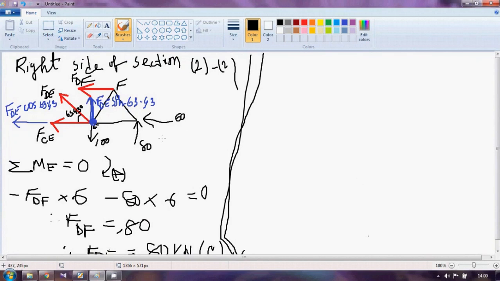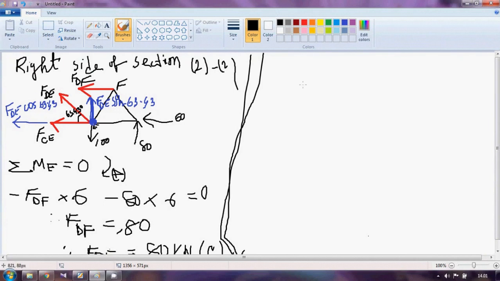Now we have to determine the member force CE. If I take summation Fx, then I know F_DF but I don't know F_DE. So from summation Fx there will be two unknowns, F_CE and F_DE, so it will not help me.